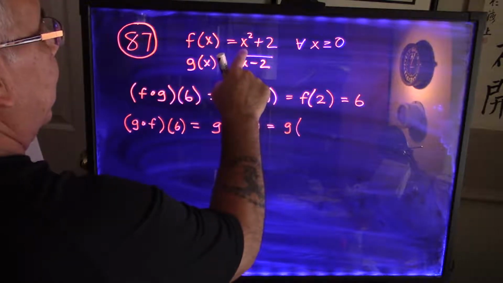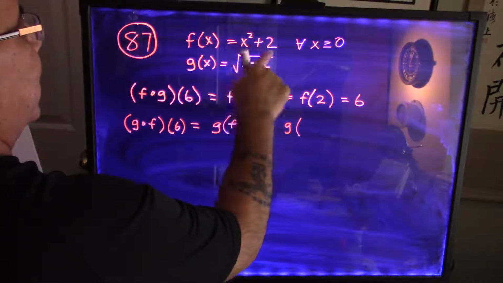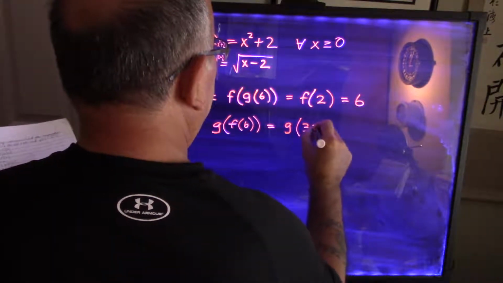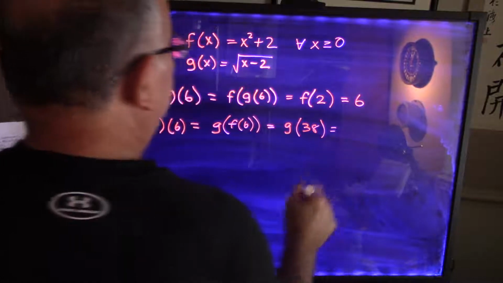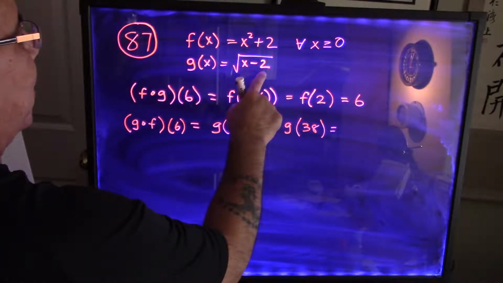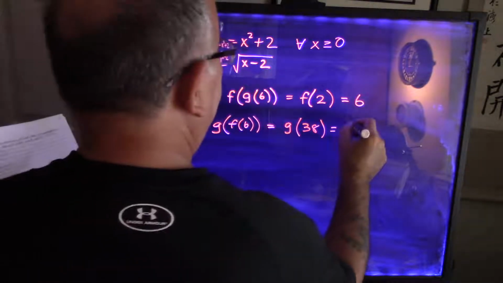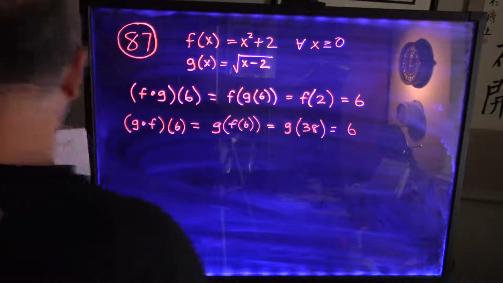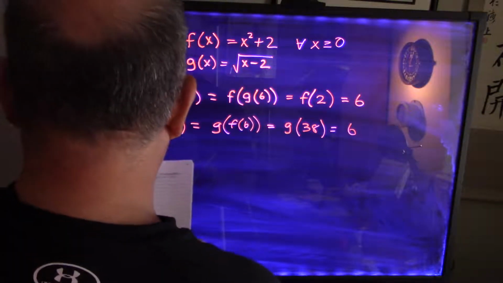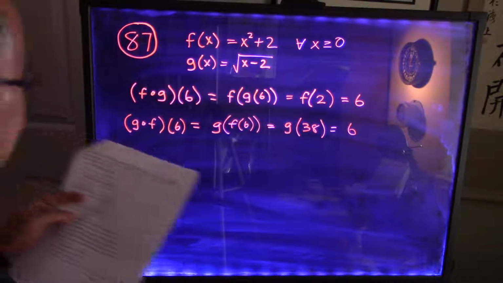Let's see, put 6 here. 6 squared is 36, 36 plus 2 is 38, so it's G of 38. Then plug in 38 in G. 38 minus 2 is 36. Square root of 36 is 6. There we go. Makes me wonder if these functions are inverses of each other.